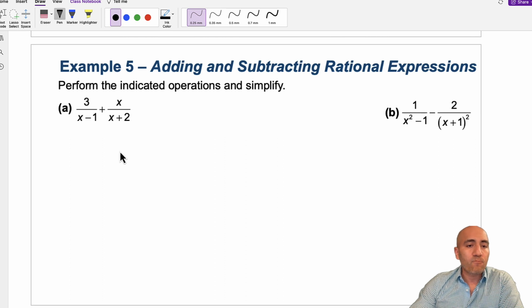So before we actually add it, we're going to have to manipulate these fractions a little bit to get a common denominator. Another common mistake is that people think that we can manipulate just the number part of this term. So people think that to get to an x plus 2, we can add 3 here, that gets you to plus 2. So then they get that this is 6 divided by x plus 2, and then we get an x over x plus 2.